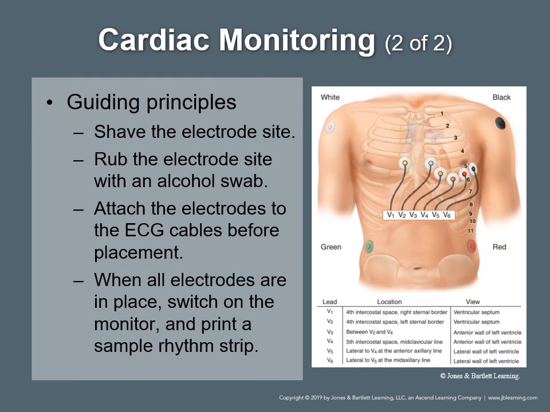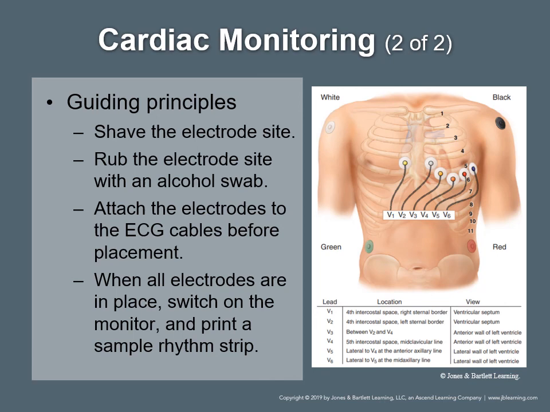It may occasionally be necessary to shave the body hair from the electrode site. To remove oils and dead tissues from the surface of the skin, rub the electrode site briskly with an alcohol swab before application. Attach the electrodes to the ECG cables before placement.